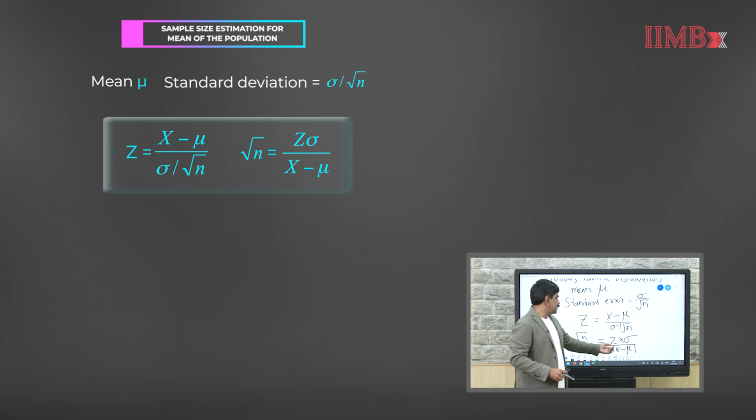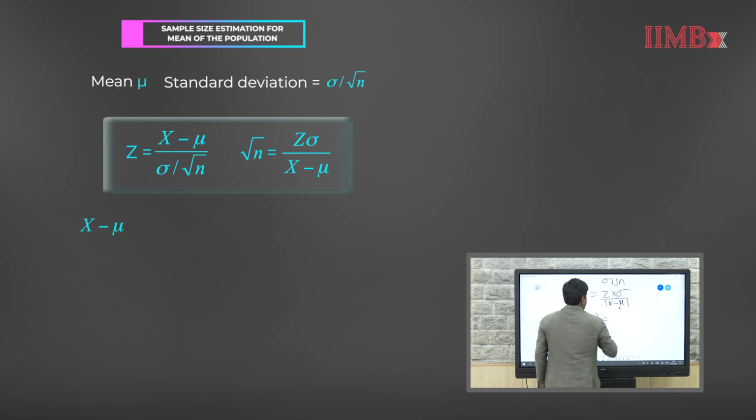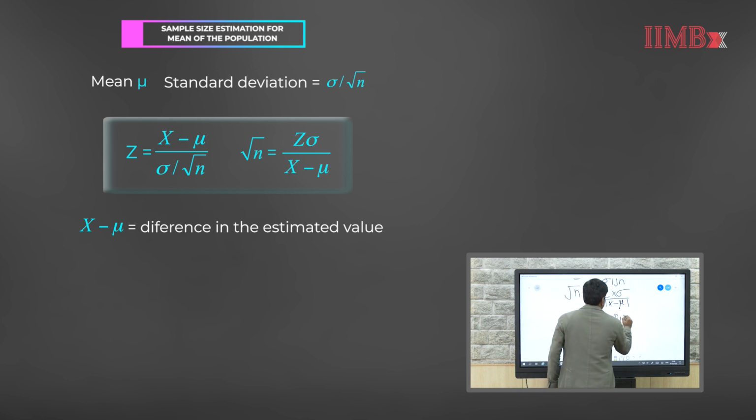Now, remember this x is what we estimated and mu is the actual. So, this difference is kind of error in estimation. I can say in that equation, x minus mu is either error or difference in the estimated value.